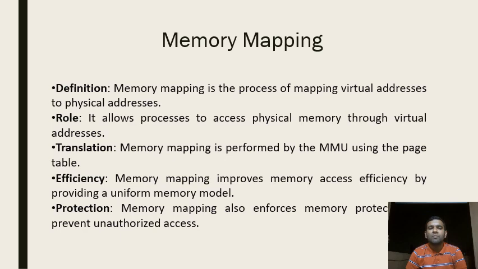Translation: memory mapping is performed by the MMU using the page table. Memory mapping efficiency: memory mapping improves memory access efficiency by providing a uniform memory model. Protection: memory mapping also enforces memory protection to prevent unauthorized access. This is about memory mapping.